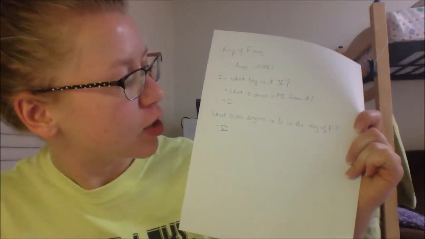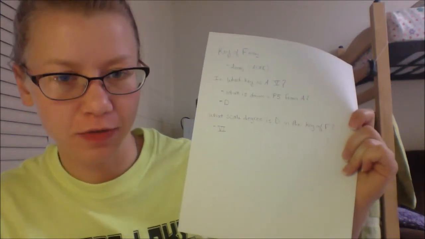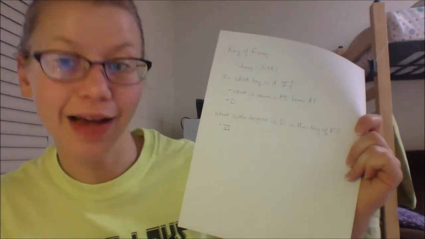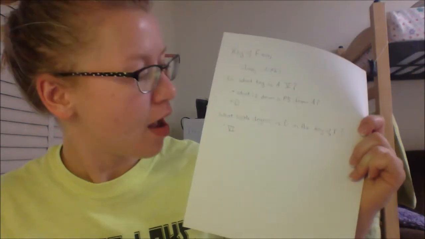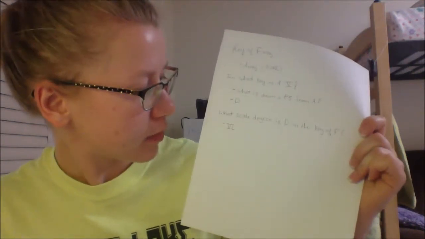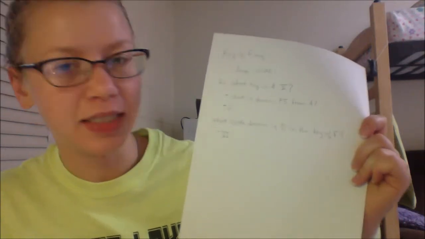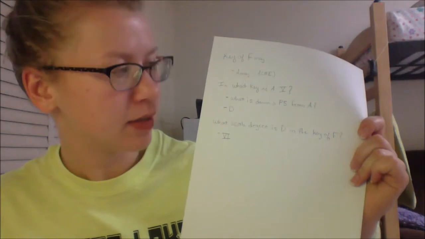The answer to that question is D is down a perfect 5th from A, or A is up a perfect 5th from D. And then I would ask, what scale degree is D in the key of F? And that is 6.